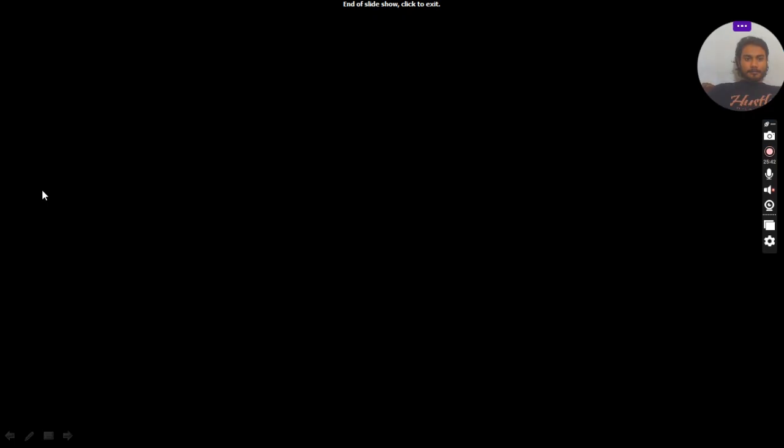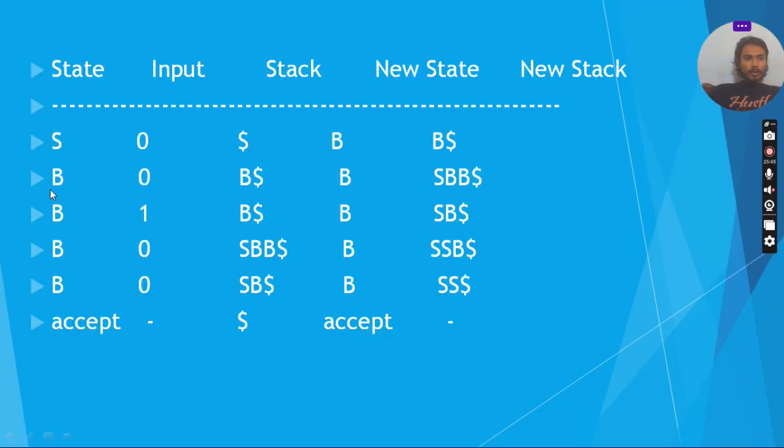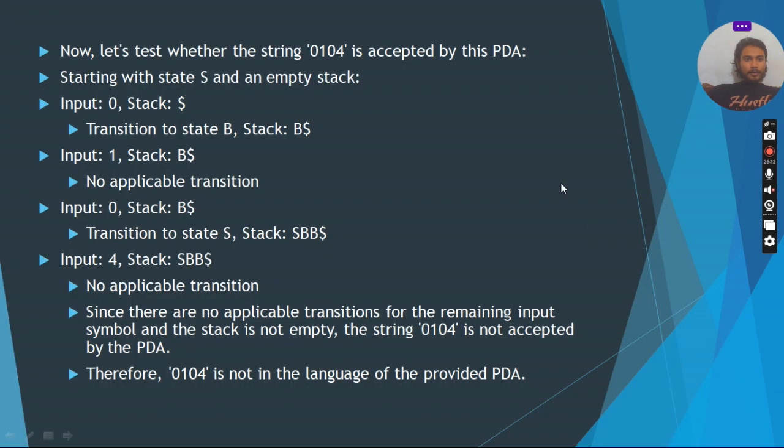Furthermore, a quick thing about the table, which shows how it works. States are listed with inputs 0, 1, 0, 0, 1, 0, 0, and the stack contents. Then what is the new state? These show the new states that are accepted, as below. Here is also the description of this.